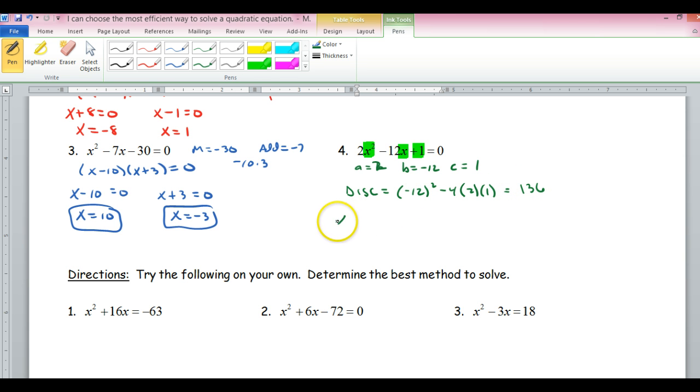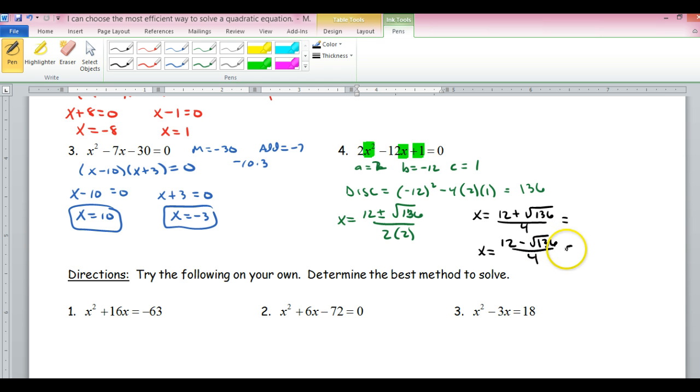So right away, x equals, if b is negative 12, the opposite of negative 12 is positive 12, plus or minus the square root of 136, all over 2 times 2. And now we can go and find our two solutions. x equals 12 plus the square root of 136 over 4. And then the other one would be x equals 12 minus the square root of 136 all over 4.